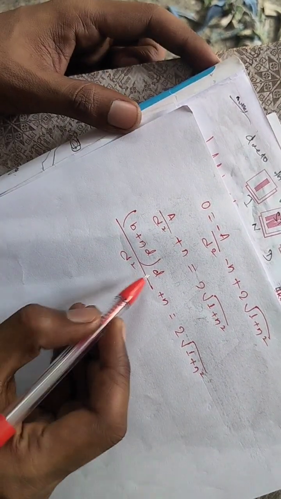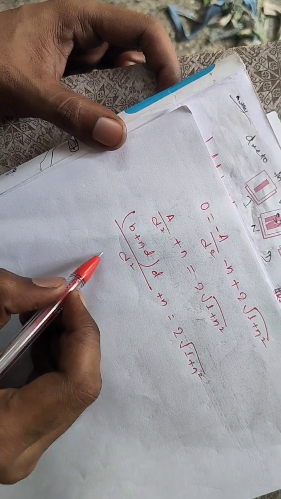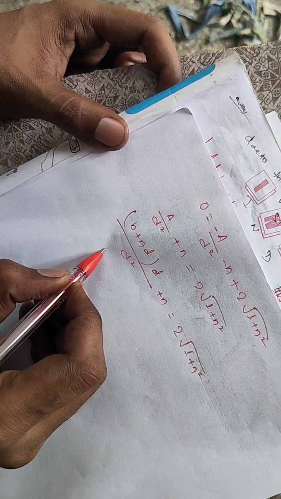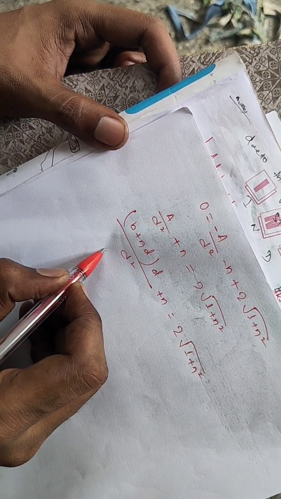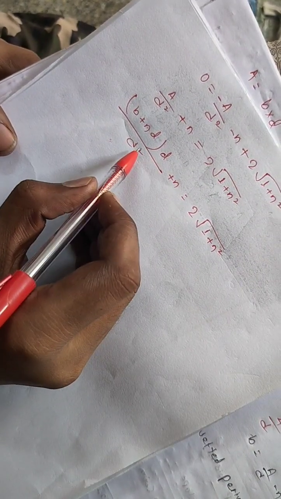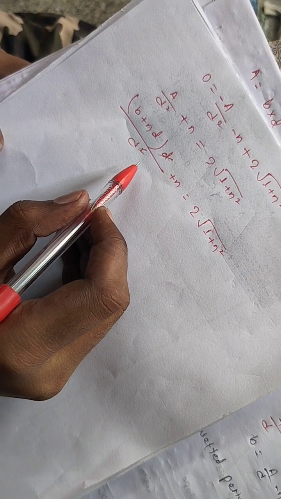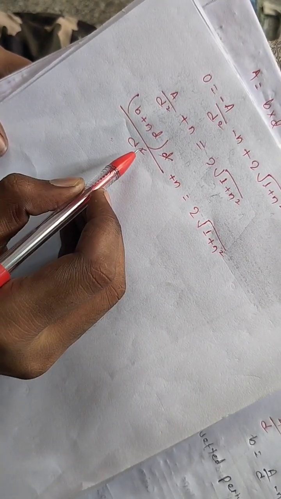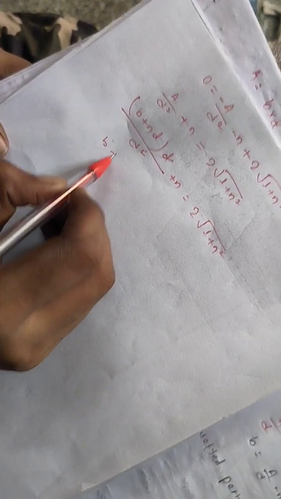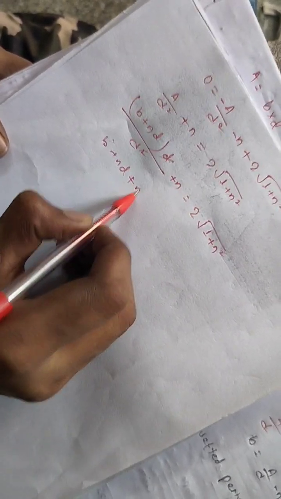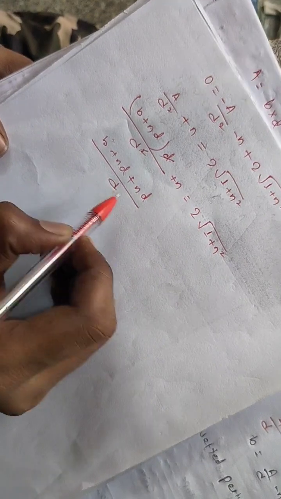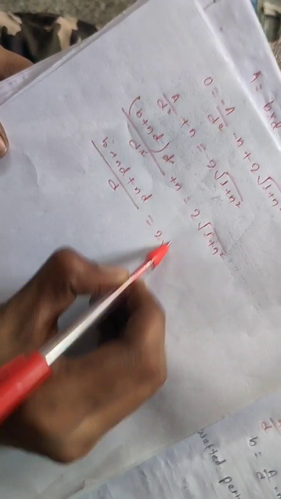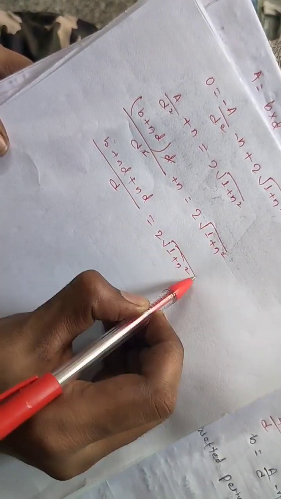Now one D will cancel, and here the D square and D will cancel, and B plus nD plus nD by D equal to 2 root under 1 plus n square.